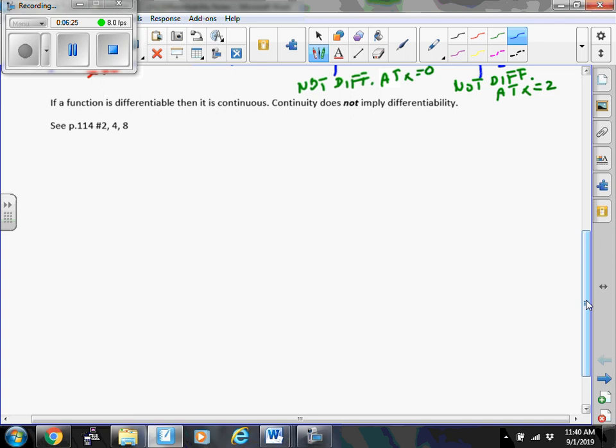So very similar to the cusp, a vertical tangent has a function that has a fractional power between 0 and 1. So something like this.